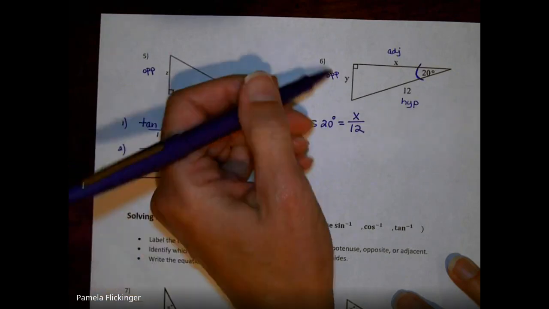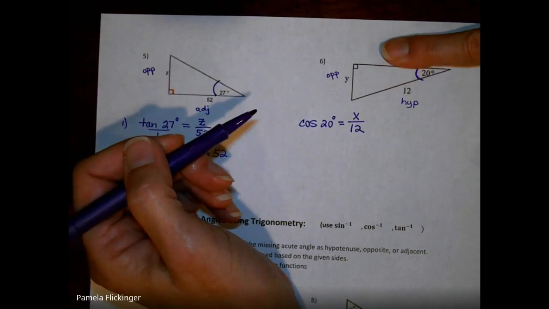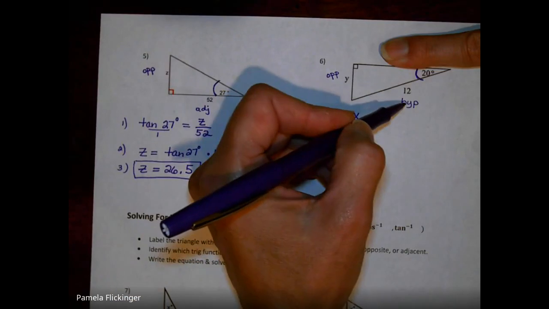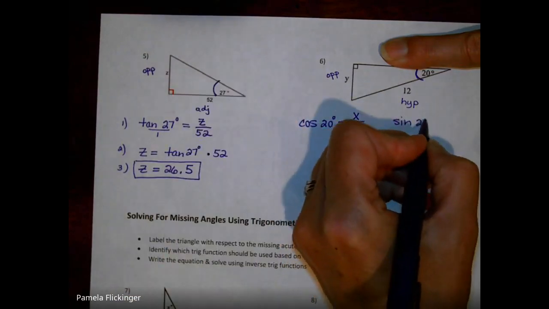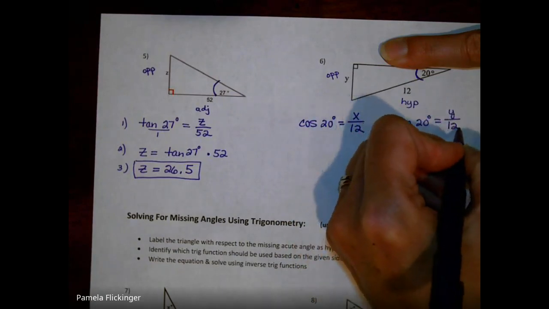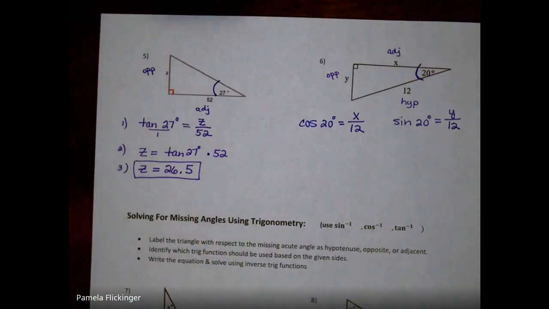Let's go ahead and write our equation for y. So to do that, I'm going to cover up x. And notice to solve for y, I'm going to use the trig function that's opposite and hypotenuse. That's the sine. So the sine of 20 degrees would equal y over 12. All right, so those are the two that we need to solve.